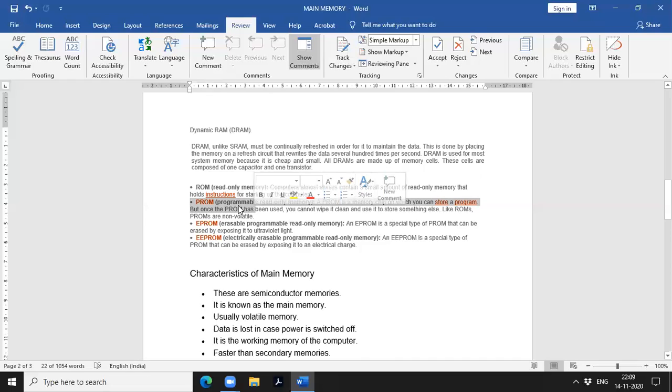For example, take a washing machine. In your washing machine there is a small chip. A fully automatic washing machine contains a motherboard. In the motherboard we write a small program, that is programmable read only memory.